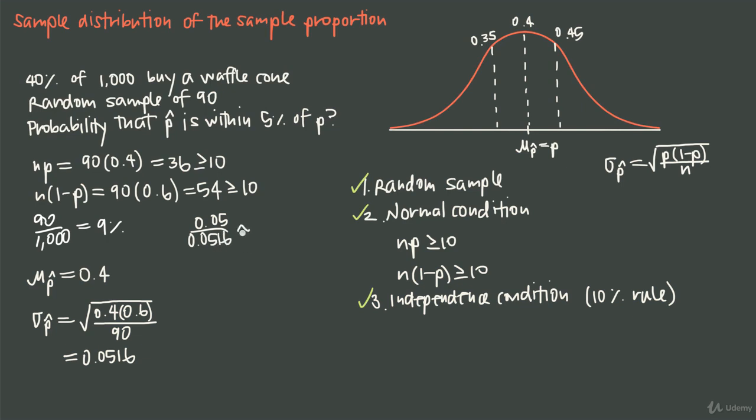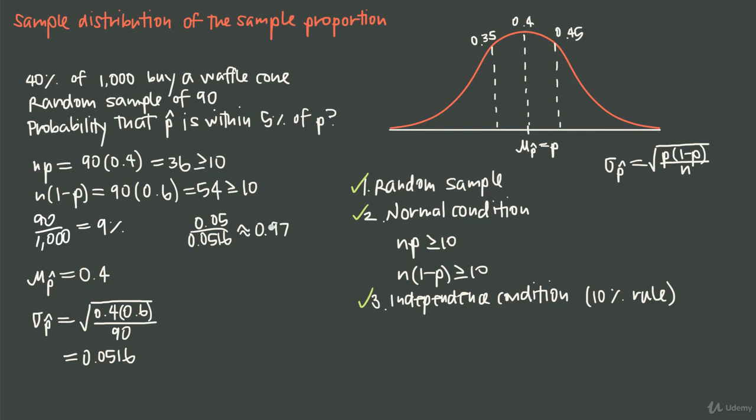And what we get is approximately 0.97 when we calculate this fraction, which means that this value of 0.05 that gets us from the mean up to 0.45, or from the mean down to 0.35, is about 0.97 of a standard deviation. So it's almost one full standard deviation, but not quite.